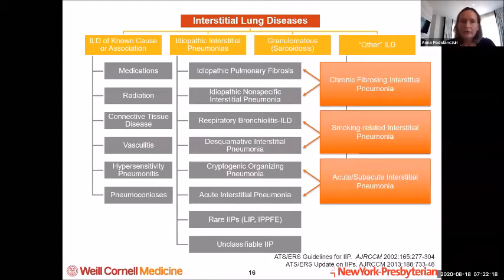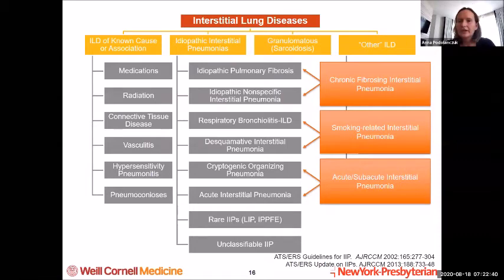So the top two, IPF or idiopathic pulmonary fibrosis, and idiopathic NSIP, are considered chronic fibrosing interstitial pneumonias. And what do I mean by that? That means that they're chronic, they're generally characterized by progressive fibrosis with or without medications.